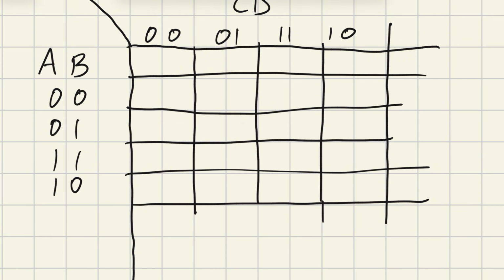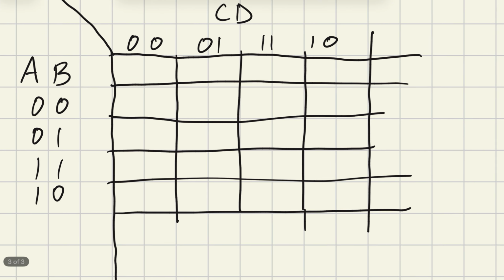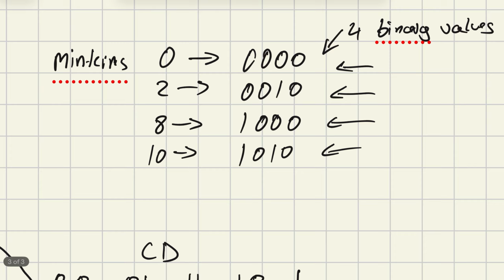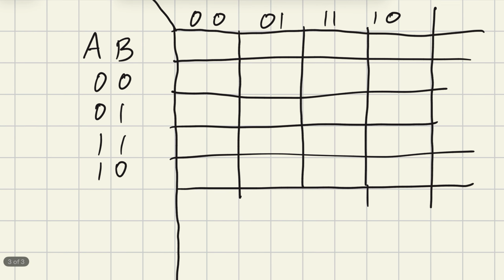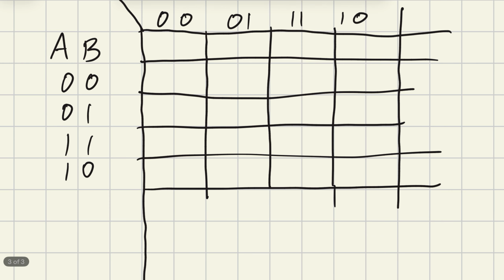We can ignore that. And then we know that we want to put logic 1s in each of these areas. The first step is putting a logic 1 in minterm 0. So that's 0, 0, 0, 0. Where do you see 0, 0, 0, 0 in this K-map? Well, it would be right here. So you're going to put a logic 1 there. That's minterm 0.